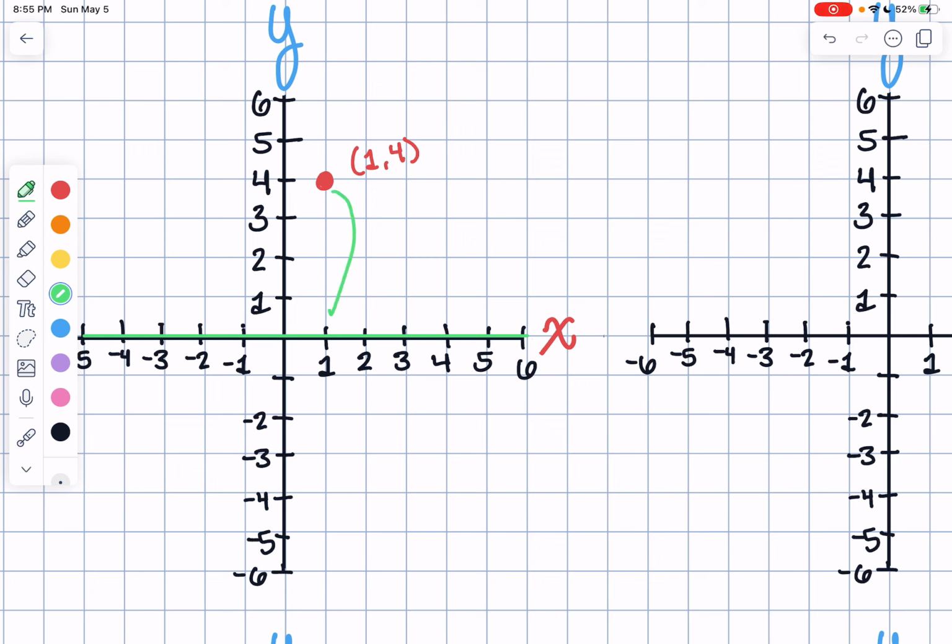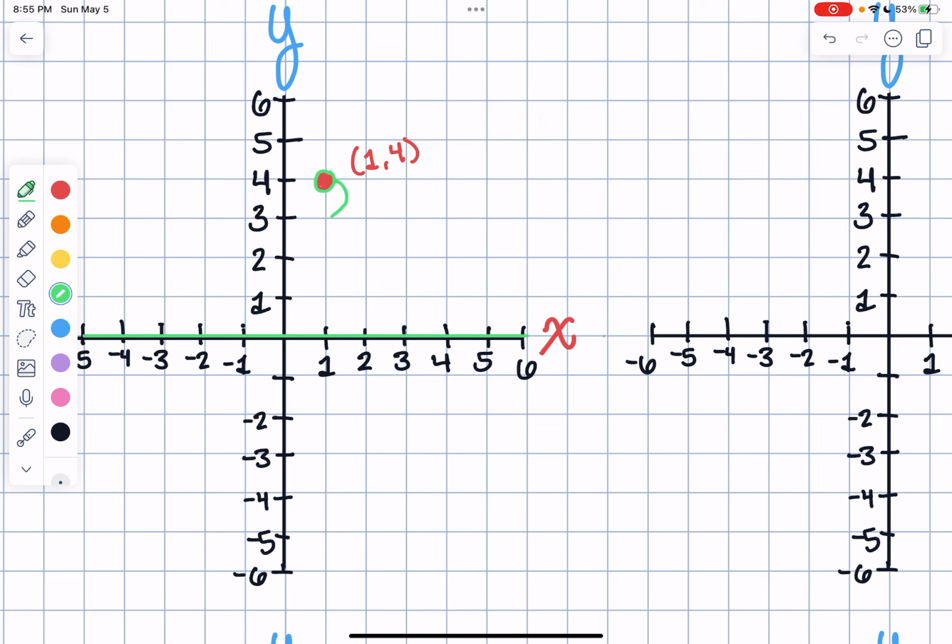So this point is going to hop its way over the x-axis. Or we want to think of it like this point is going to look into the x-axis as a mirror. Where is its reflection at? All right. When we did these in class, we took our point and we counted how many units away from the line is my point. So let's count.